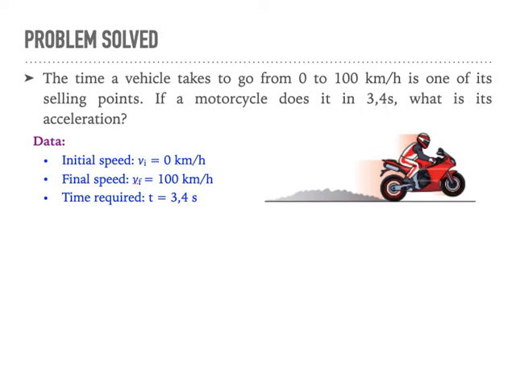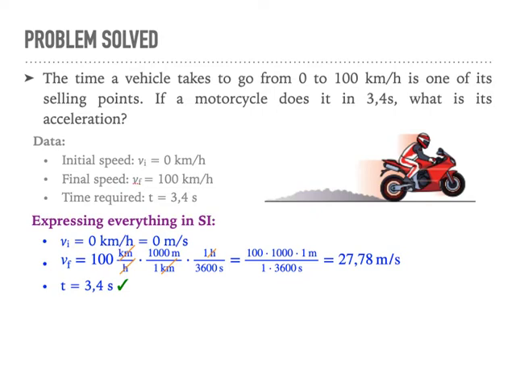That's the data. And first we're going to express everything in the same units, because we have kilometers per hour and we have seconds. So we're going to choose to change it to the international system. You could also change the seconds to hours and have it in the same units, but I'm choosing to change kilometers per hour to meters per second, because I know how to do this maybe more easily.